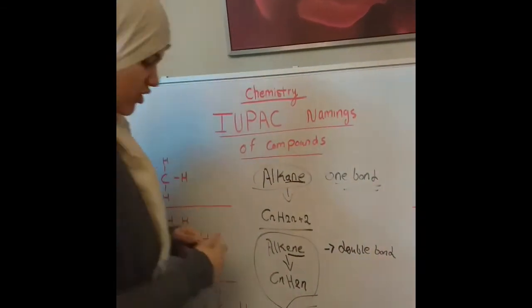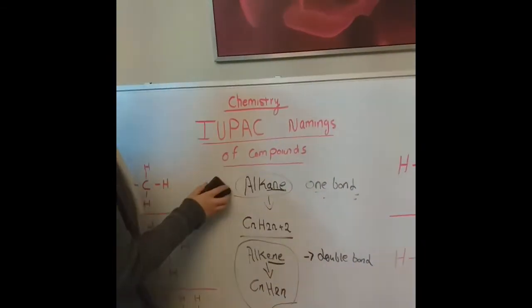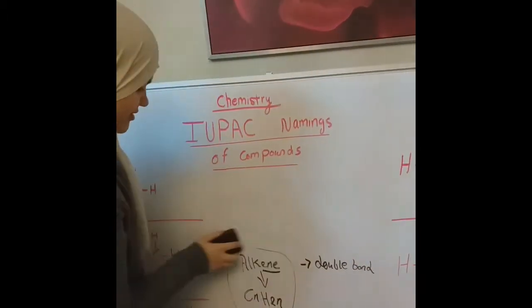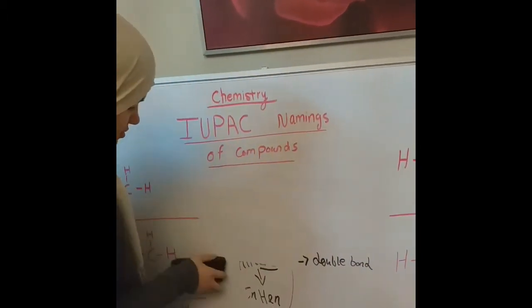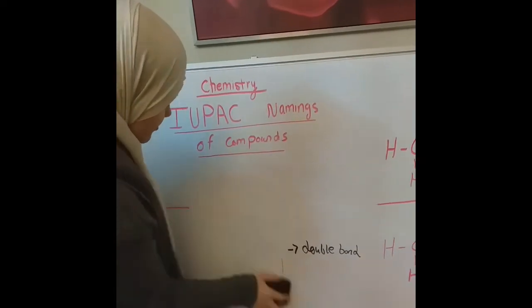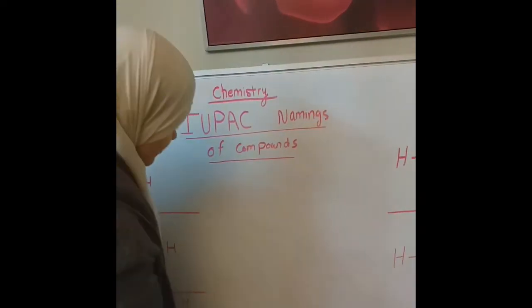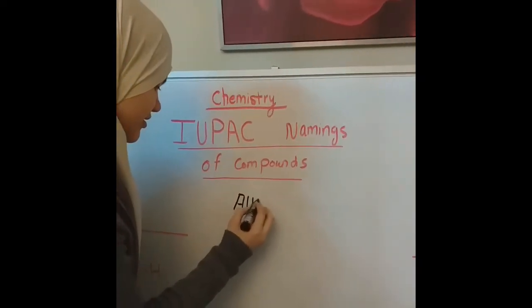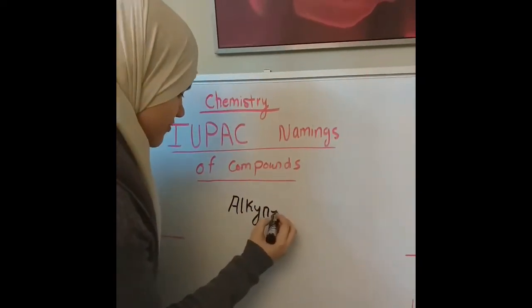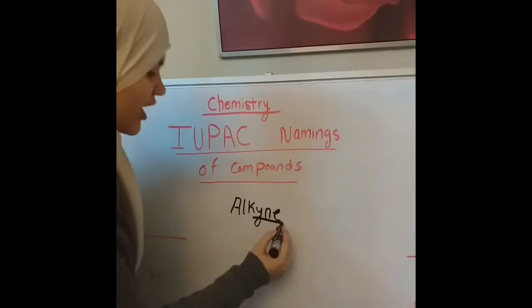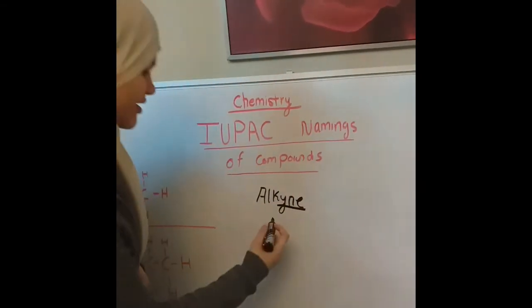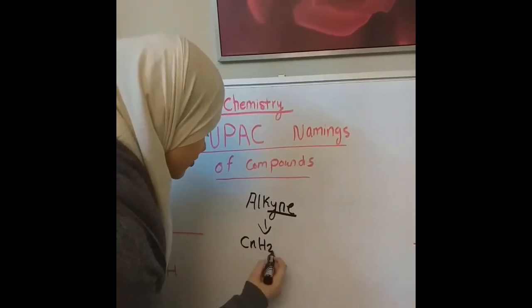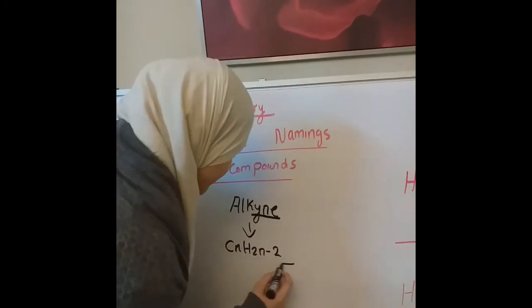So let us go for alkyne and alkyl. Alkyne, which has the suffix yne, has the formula CnH2n minus 2.